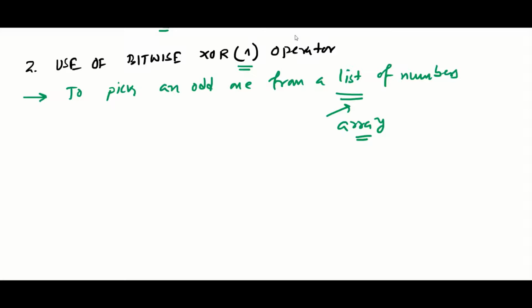Okay, so let's take an array to pick the odd one out from the list of numbers. Let's take an array in C programming. Suppose we have a numbers array with 5 numbers: 12, 13.